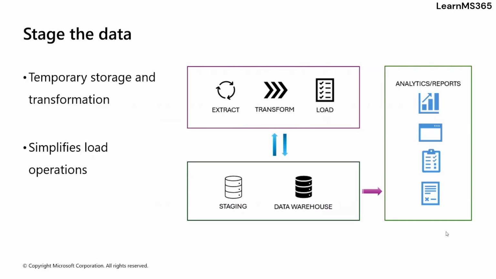These auxiliary objects are commonly referred to as staging, and staging objects act as temporary storage and transformation areas. They can share resources with the data warehouse or live in their own storage area. Staging serves as an abstraction layer, simplifying and facilitating the load operation to the final tables in the data warehouse.